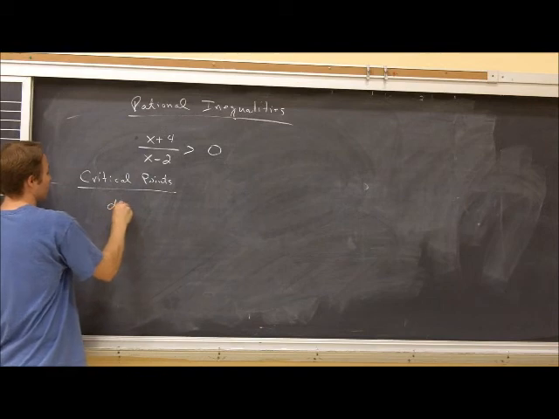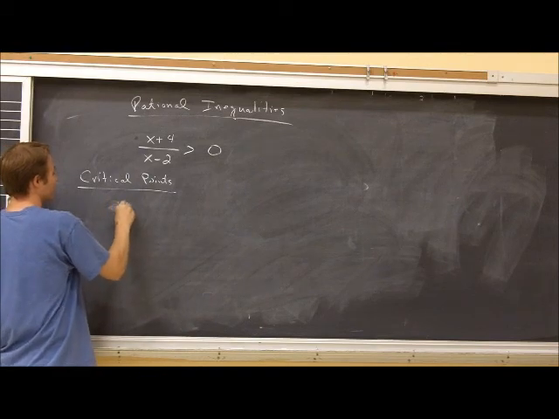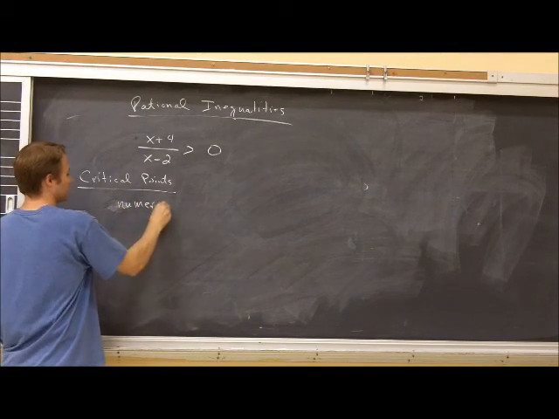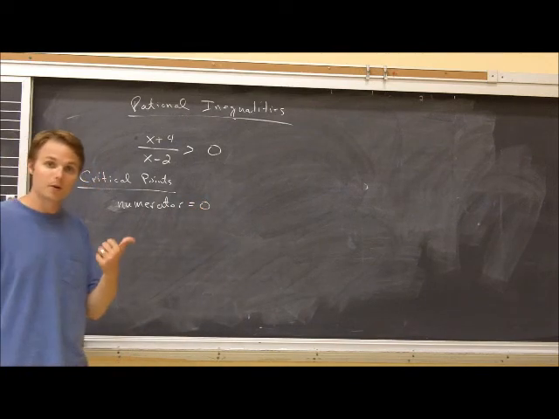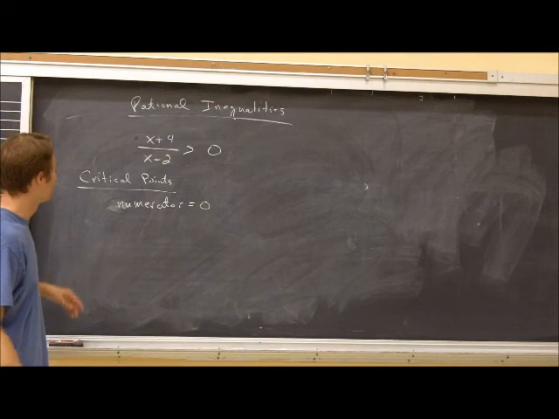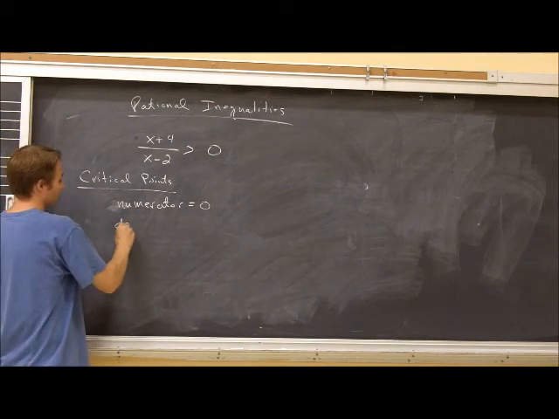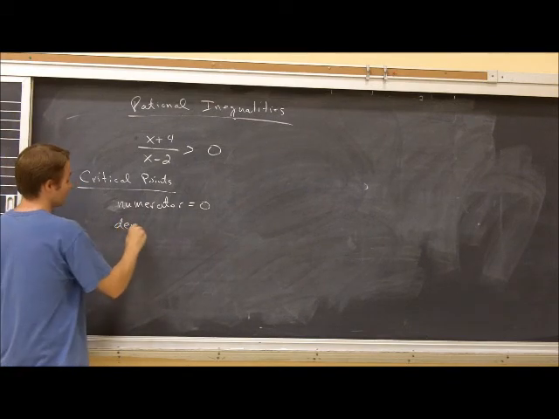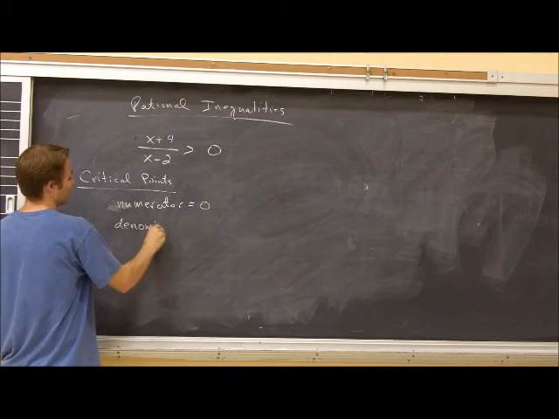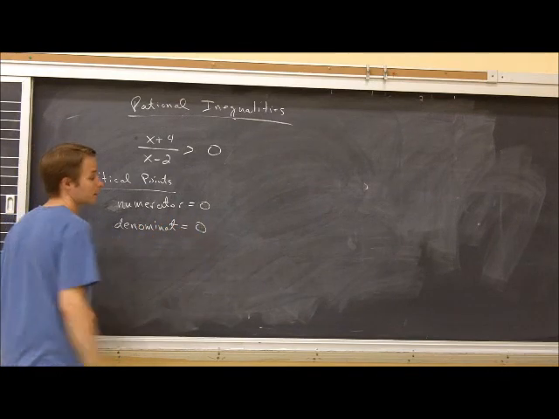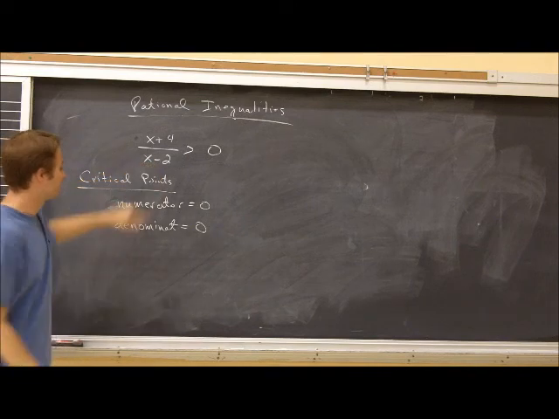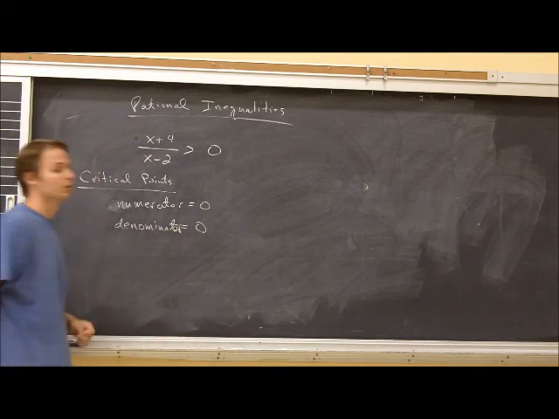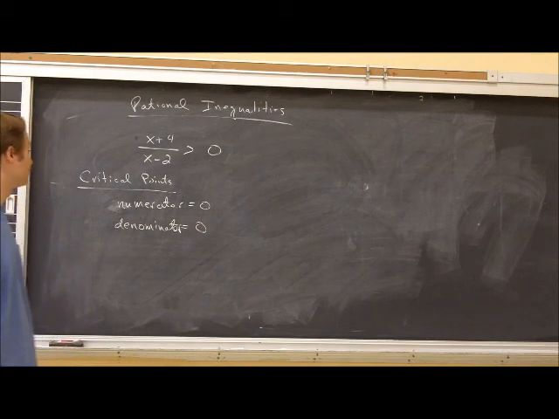So one of our sets of critical points is going to come from where the numerator is equal to 0. The other critical points are going to come from where the expression, I should say, is undefined. So that would be where the denominator equals 0. What x values make this denominator equal to 0? And that will be one of our other critical values.